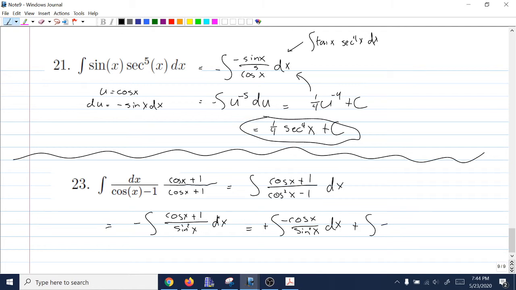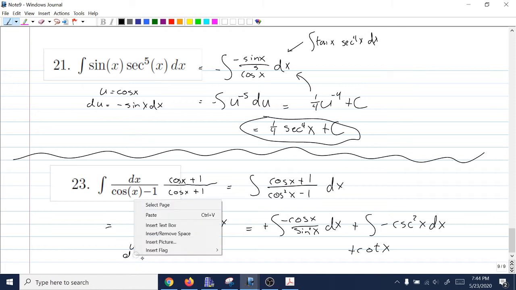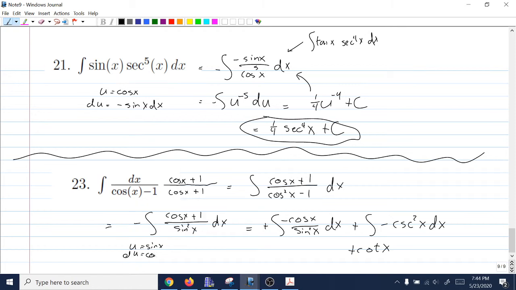The second fraction will be 1 over sine squared. That'll be cosecant squared. Perfect, I know the integral of that. The integral of negative cosecant squared is cotangent x. This one's begging for the substitution u equals sine x. Du will be cosine x dx. So we're integrating negative 1 over u squared.